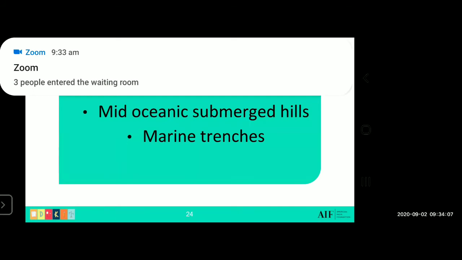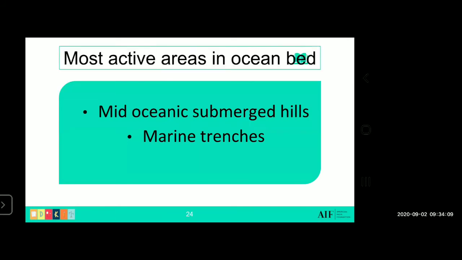Because over here there are more volcanoes and earthquakes. These are geographically the most active areas on the ocean bed in the world. That is, the surface features are constantly being changed because of volcanoes, earthquakes, etc. Because of this, it keeps on changing. So it is the most active area.